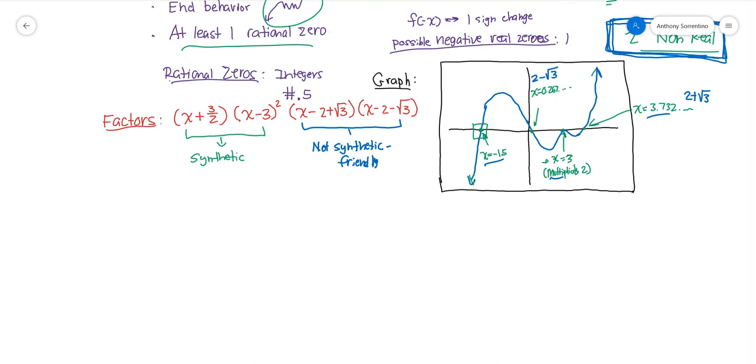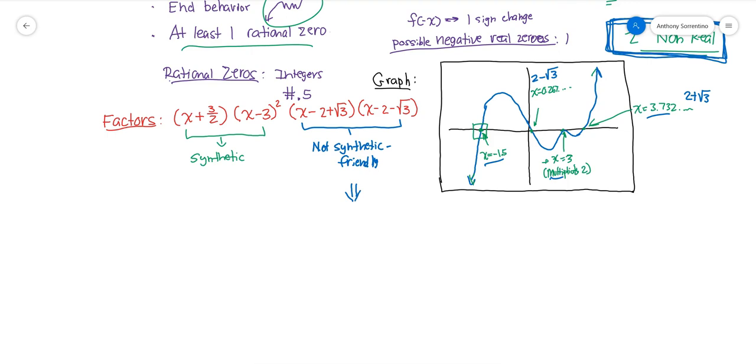I could try that, but I'm going to have a lot of irrational numbers along the way trying to deal with it. It's not going to work out very nicely. It's going to be really clunky, and I really don't want to have to use synthetic division with those.